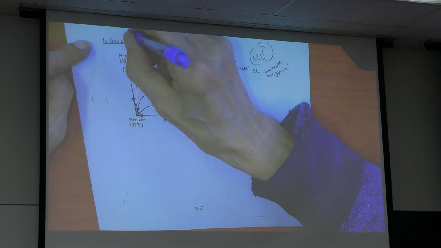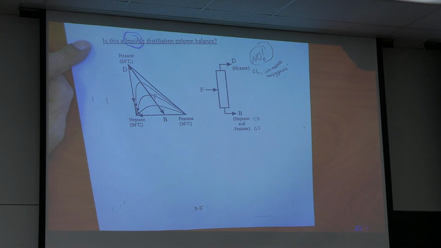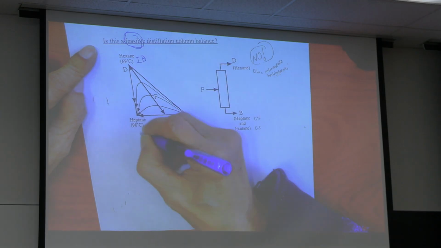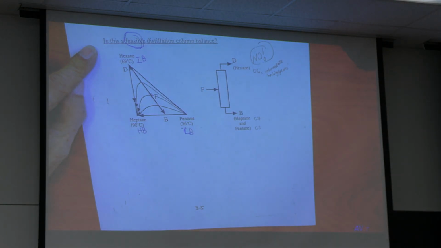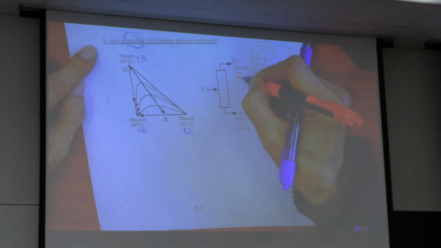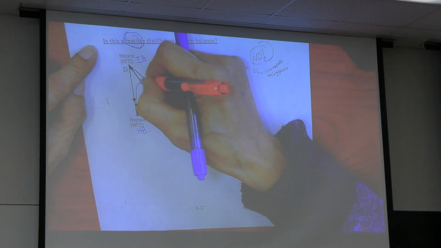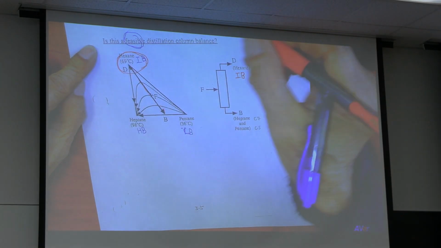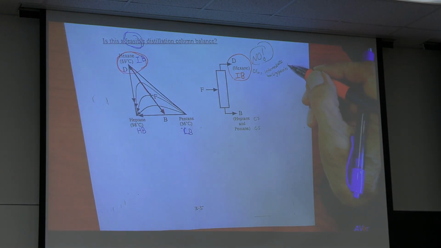Now, if there's a feasible distillation, low boiling, intermediate boiling, highest boiling, you want to take out, go to this line, IB as distillate.